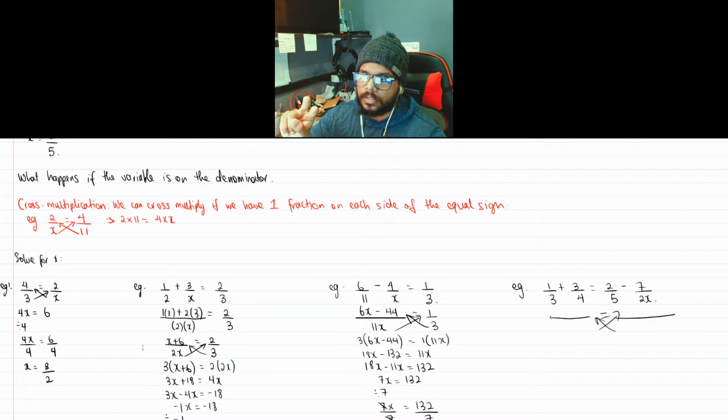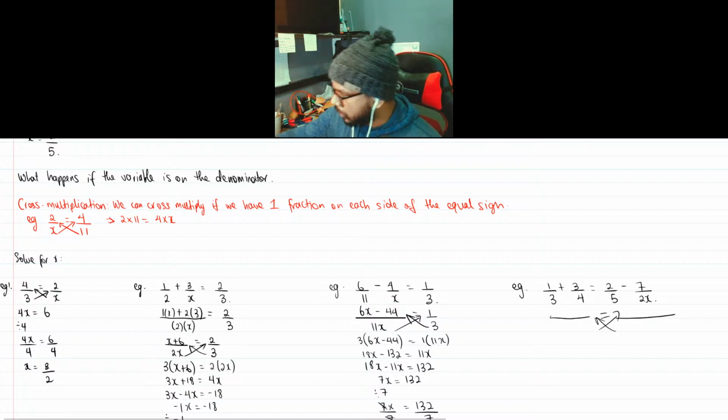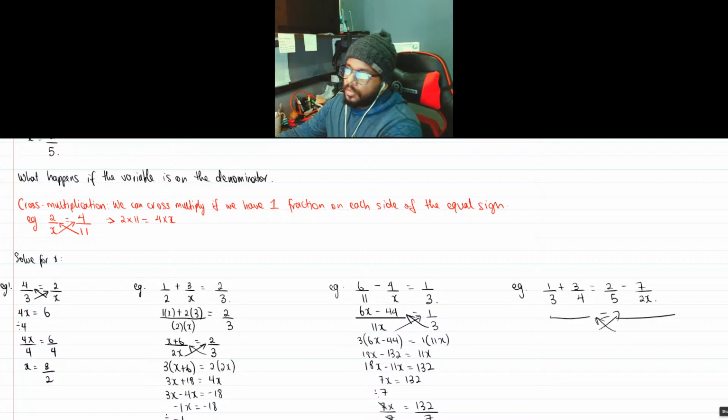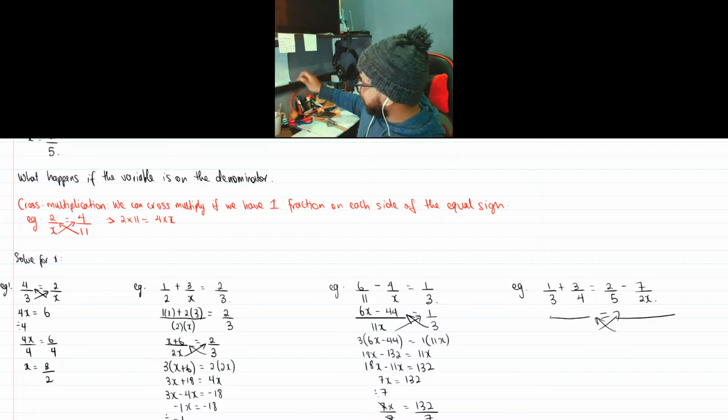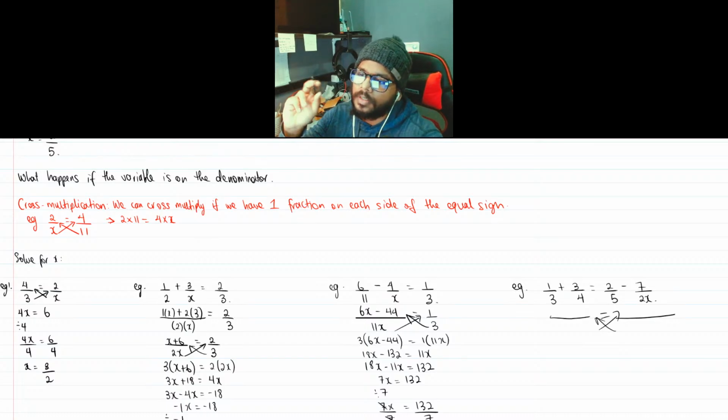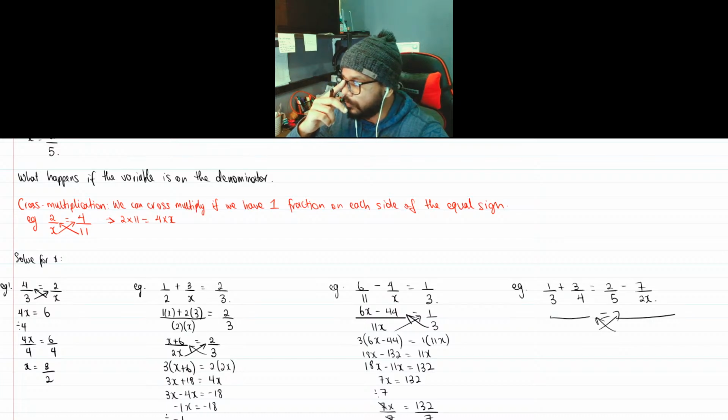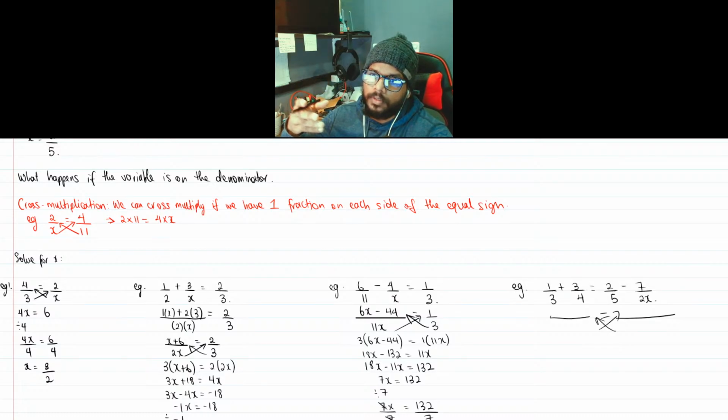In a case like this, where we have the red writing, I'm allowed to cross multiply because I have one fraction on each side of the equal sign. If I don't have a fraction on each side of the equal sign, I have to find the LCM first, because at the end of the day, LCM is a method in which I can represent more than one fraction as one fraction. So that is what we did last week. And I left you with our last example, so I'll need you to watch over that one in order to move forward.